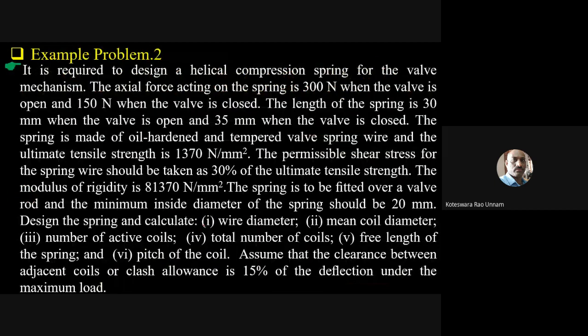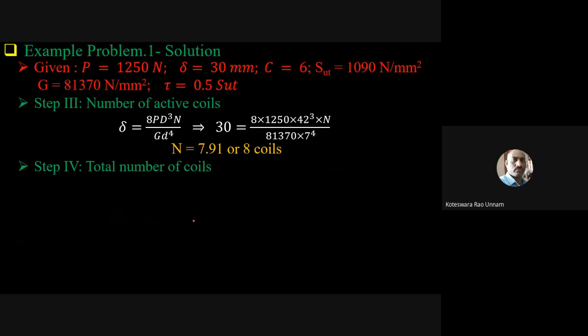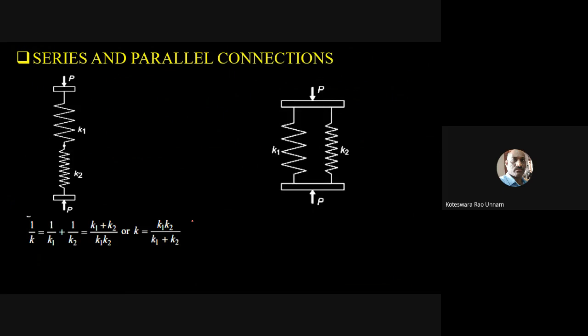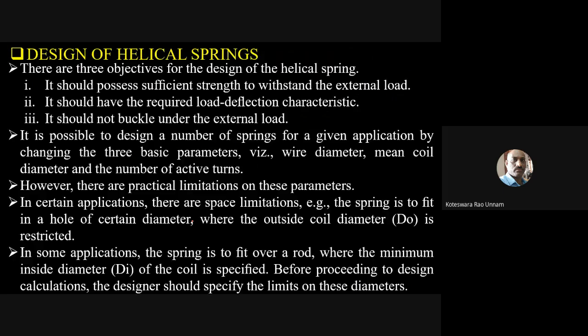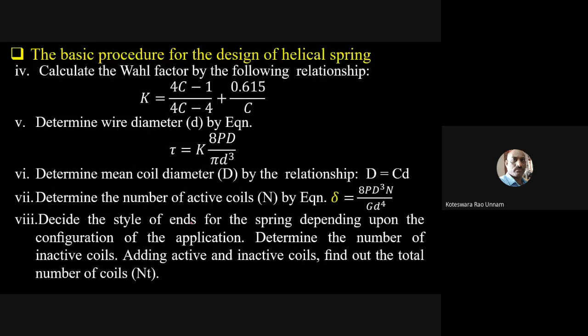If I go back one step, I'll show you how we derive that equation for k. That is the last step in your design of the helical spring. You can use that relation also.